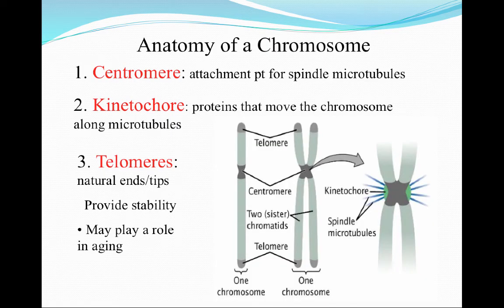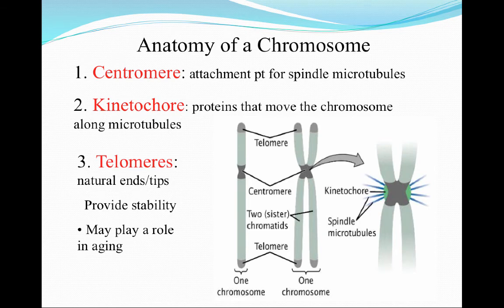Really briefly, we're going to look at chromosomal anatomy. A chromosome is the structure that is formed when DNA winds itself up into a double helix. This is what forms those X structures and Y structures that we associate with chromosomes. Chromosomes are made up of 3 major components.